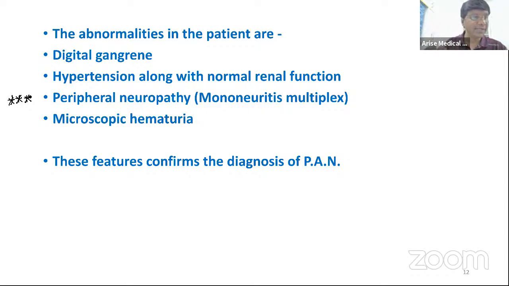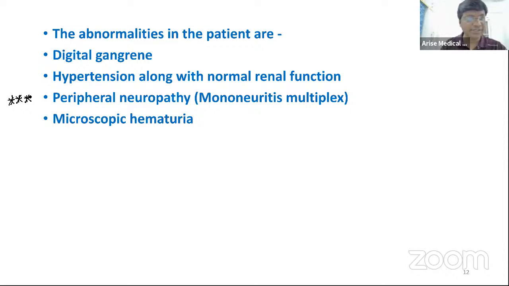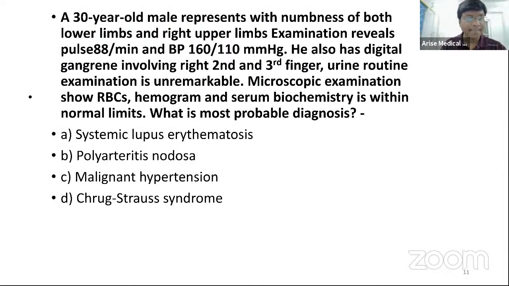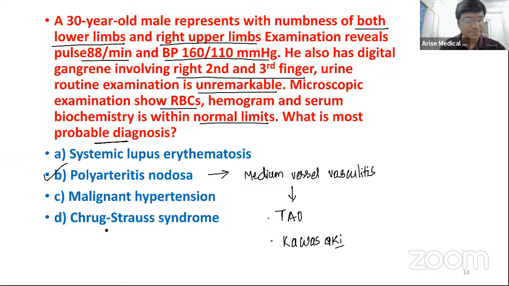Now, we have another question here, that is Churg-Strauss syndrome. How do you rule out this particular Churg-Strauss syndrome? I think I have told you in my previous question that Churg-Strauss syndrome is a small vessel vasculitis. All right.